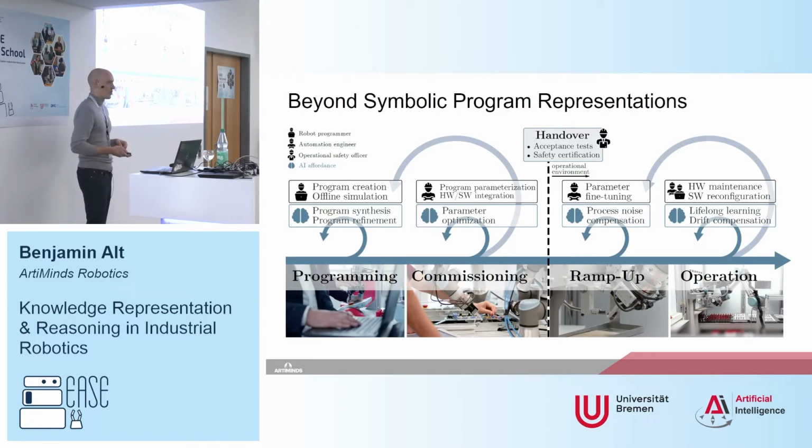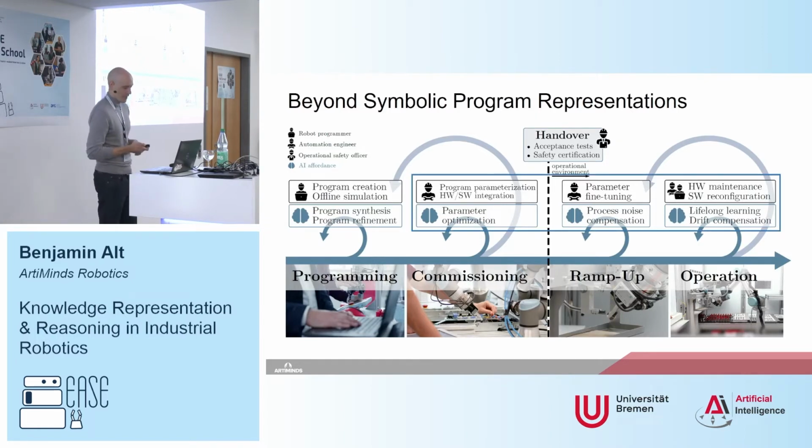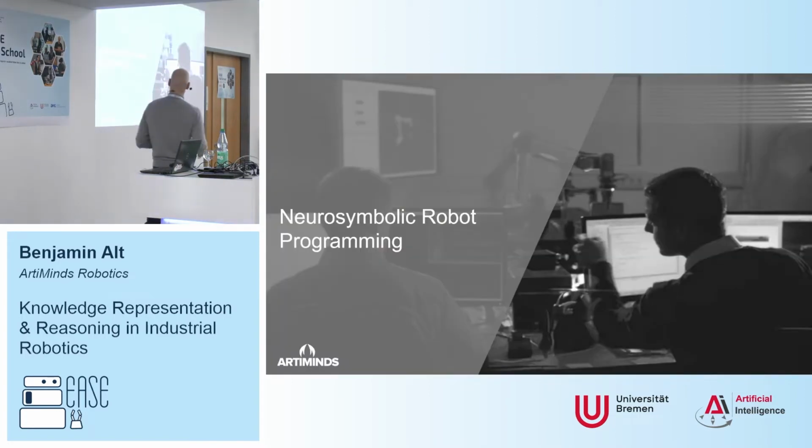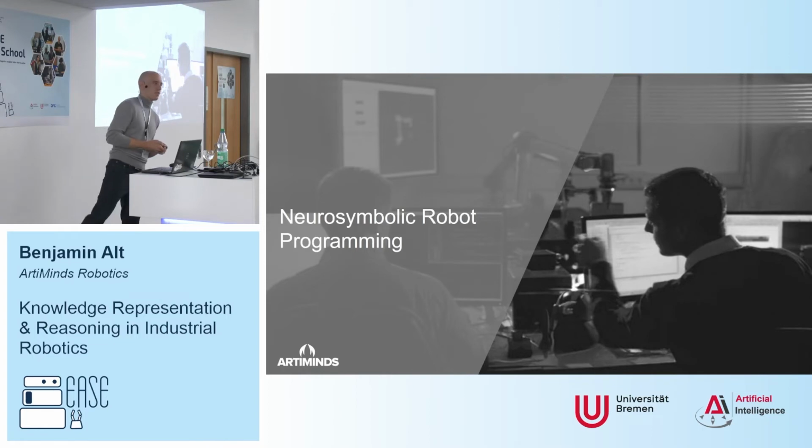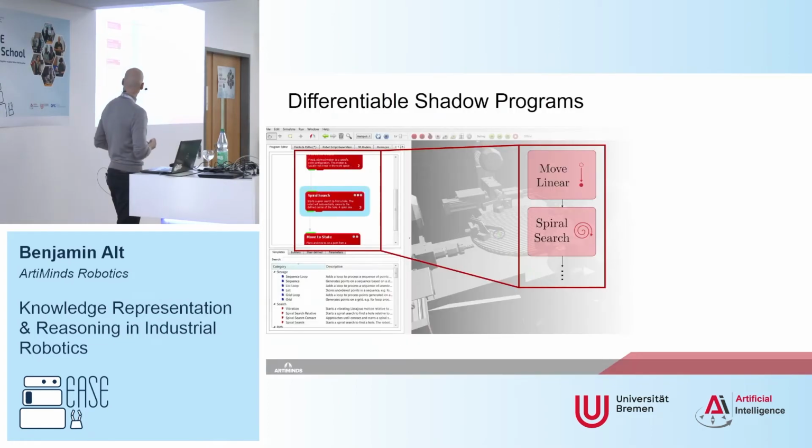So if we want to go beyond symbolic representations and have a look at the rest of this, what can we do? We can do neurosymbolic robot programming to help with everything that comes after we have created our initial program. And our core idea here is the idea of differentiable shadow programs. This is always a fundamental question, how you combine the symbolic and the subsymbolic.